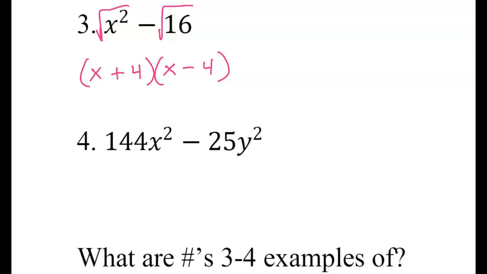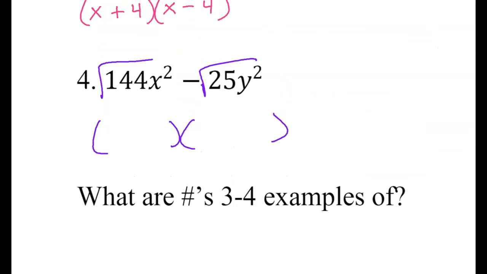Everything is a perfect square, including the y squared. I can perfectly easily square root everything here. And it's a subtraction sign, meaning I can use the difference of squares form. So the square root of the first term is 12, write it twice. The square root of x squared is x twice. The square root of 25 is 20, write it twice. And the square root of y squared is y, write it twice. One's a plus, one's a minus. Done. I love it. The hardest part is recognizing that they're all perfect squares. That's the hardest.